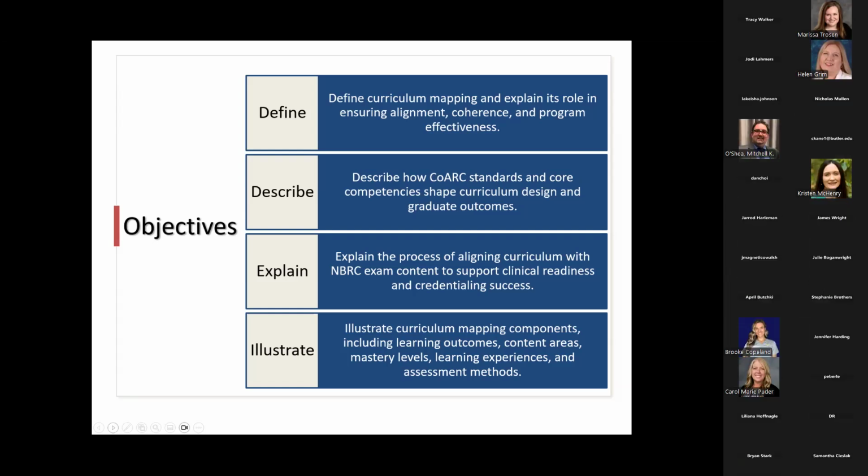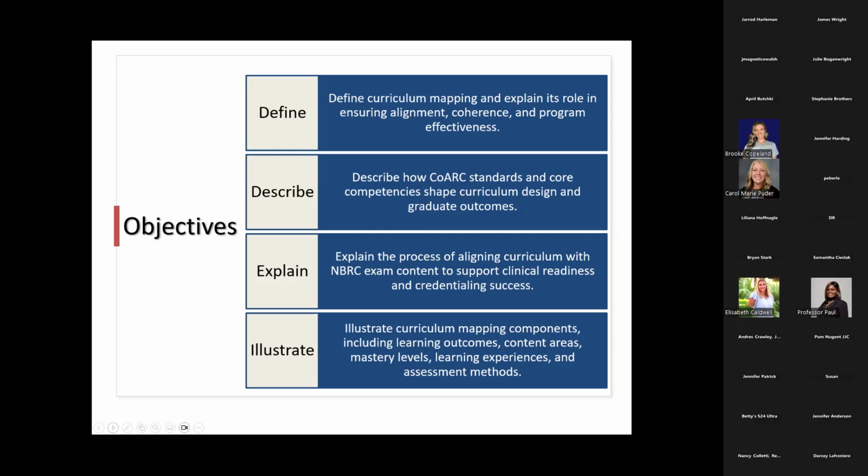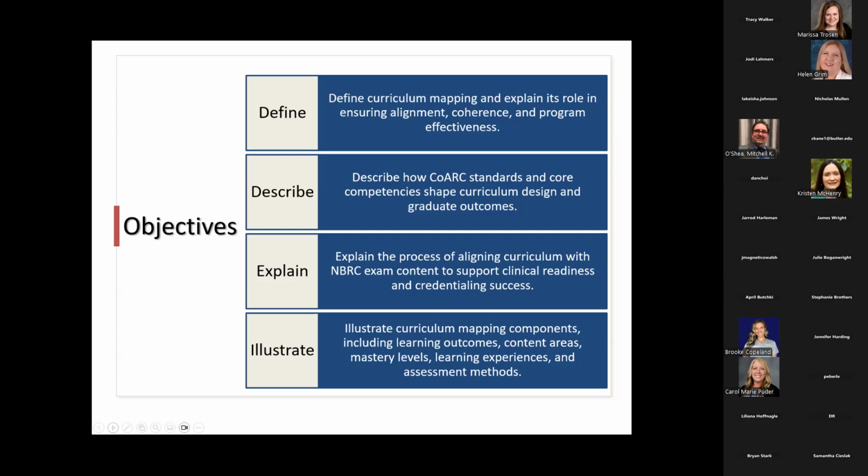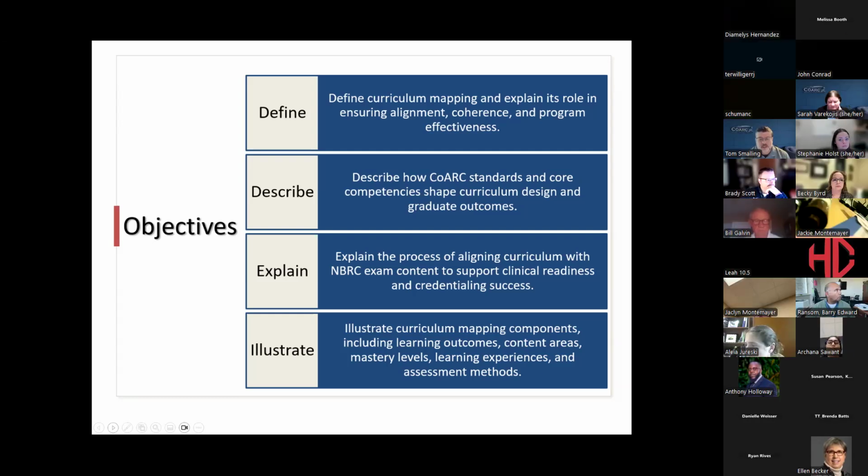And we're going to explain the process for aligning that map to the outcomes, with the focus on the NBRC exam content, which, if you've been key personnel for at least a few years now, you've probably encountered the content matrix comparison from the last exam, which is on our website.